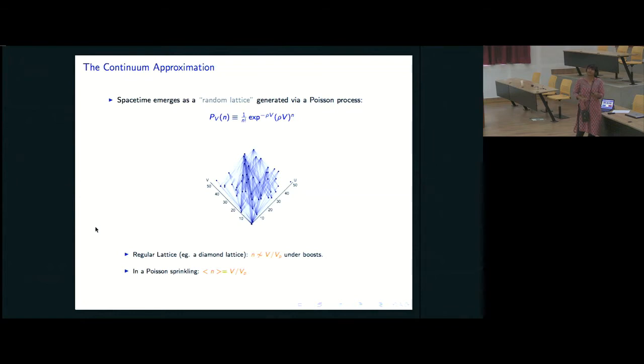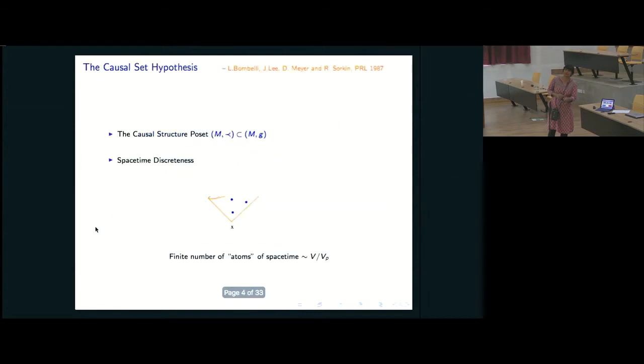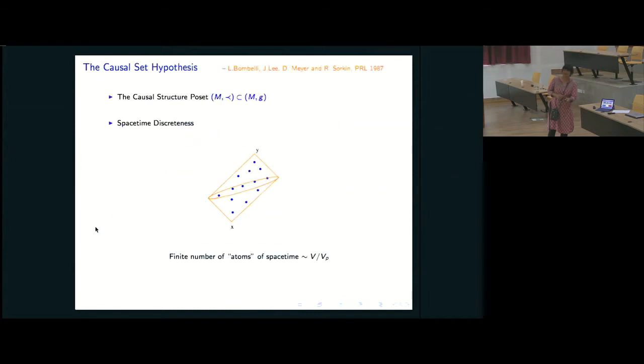And the idea is that space-time emerges as a random lattice. The finite number of space-time atoms is something that, given a particular cutoff, the Planck volume, or whatever you want the cutoff to be, the number of atoms should look like the volume. So the number to volume relation is very essential to this hypothesis.